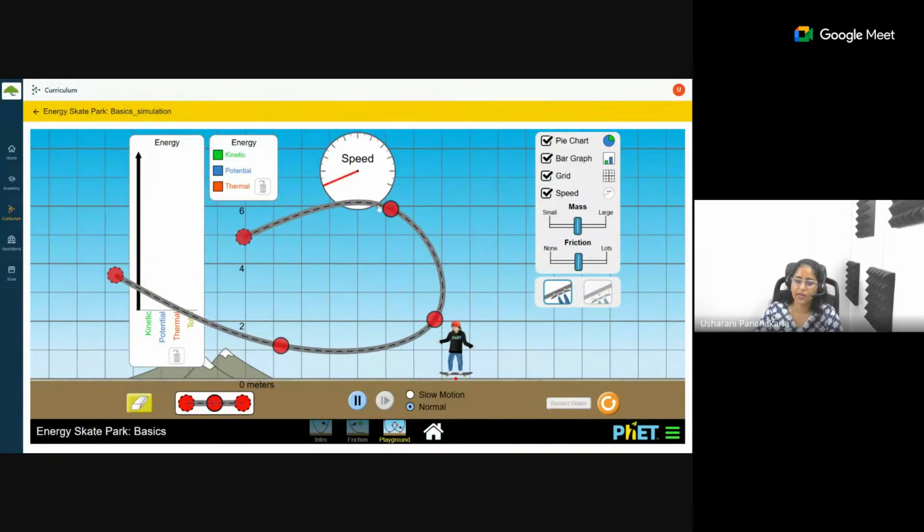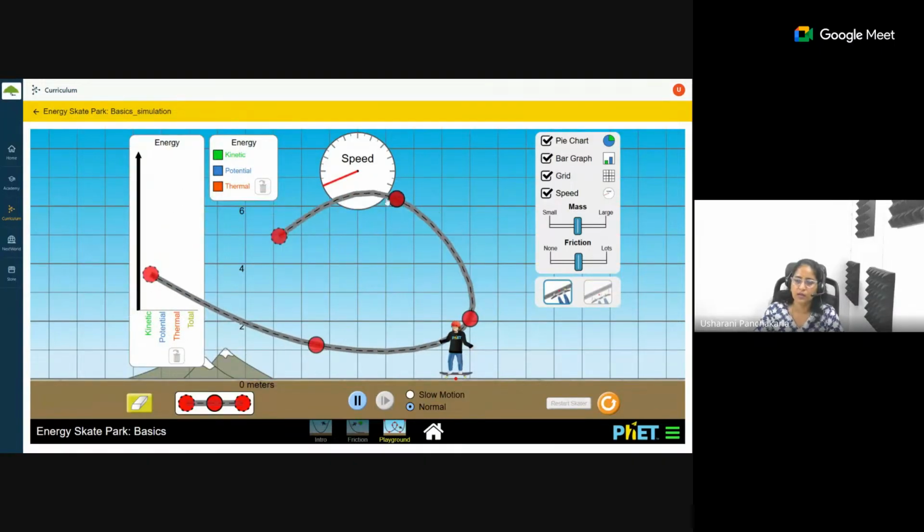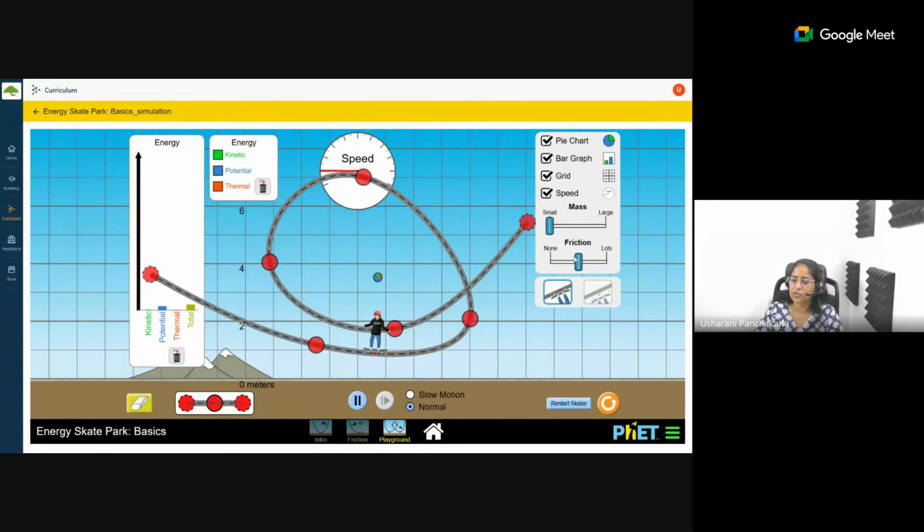So you can make your own skating path this way and see the movement. Now mass, let me keep it small. Friction, I'll keep it none.